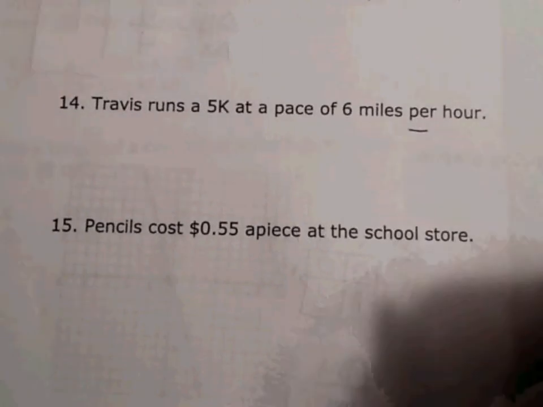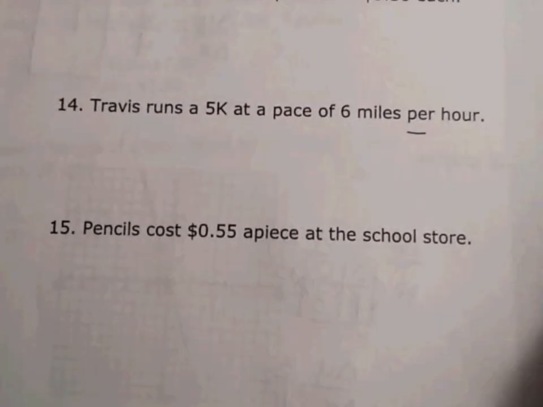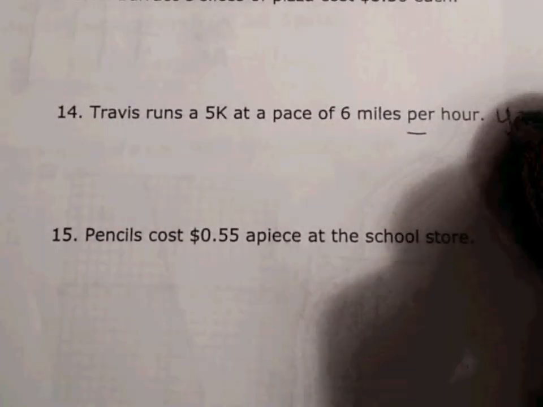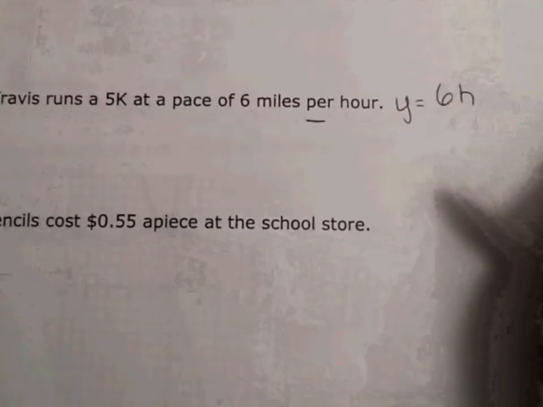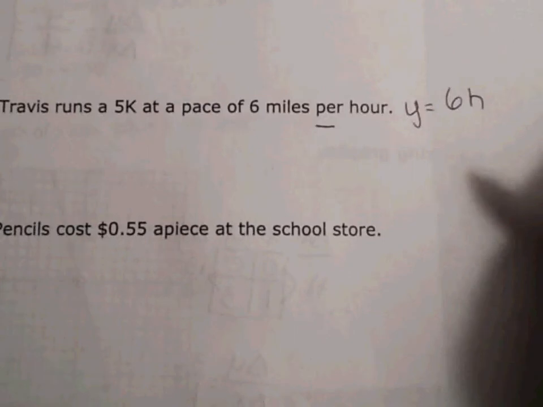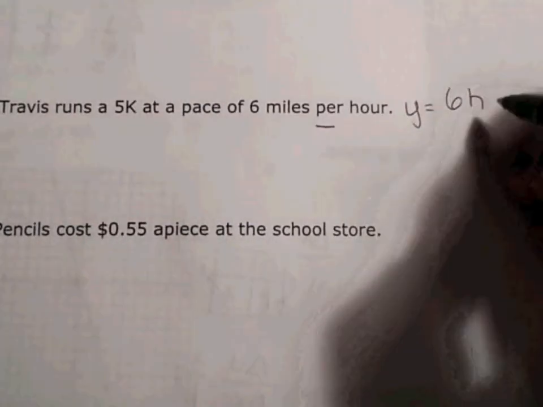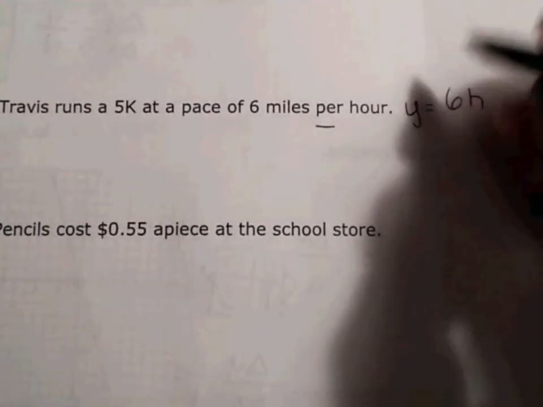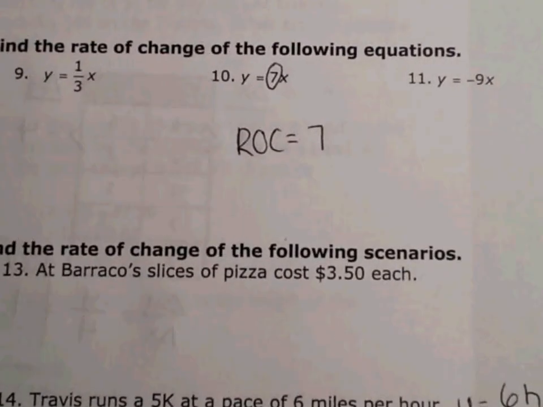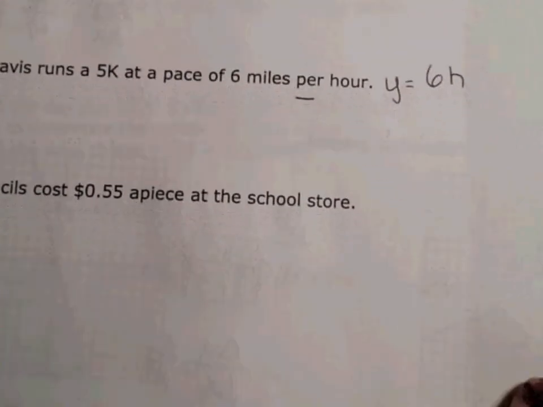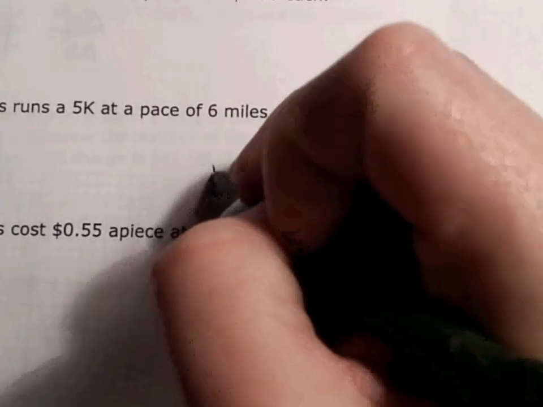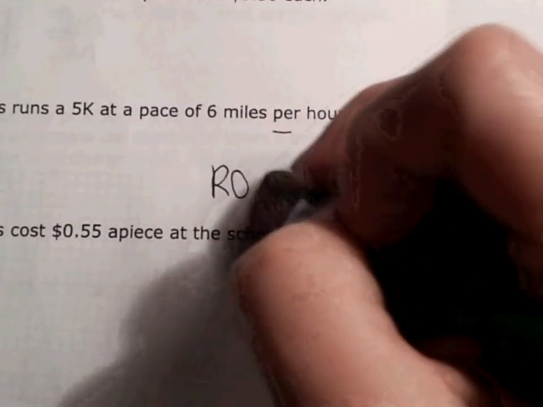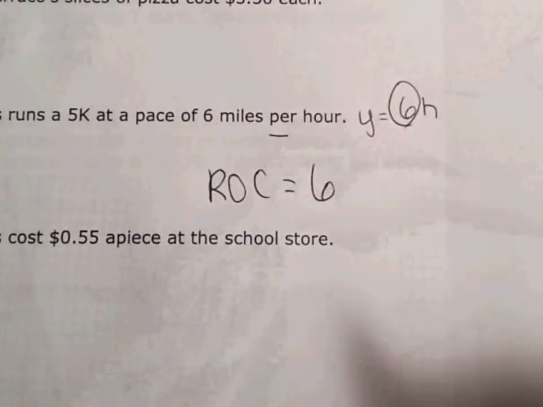Okay, so if I was to write an equation to match this, it would be y equals 6h, or you could say 6x, that's fine, but you know that 6 per hour, so 6 times each hour. So in this situation here, it's much like what we did up at 10. We know that the number in front of x or h is going to be my rate of change. So I know that my rate of change is equal to 6.